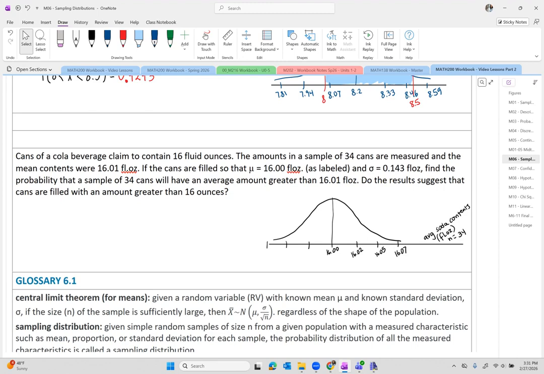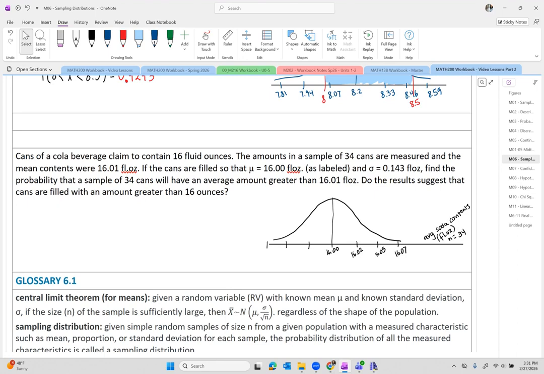That is because your sample is the only concrete data that you have, and the theoretical distribution, the company claiming that they have configured their machines to fill the cans with exactly 16 fluid ounces, may not be valid.